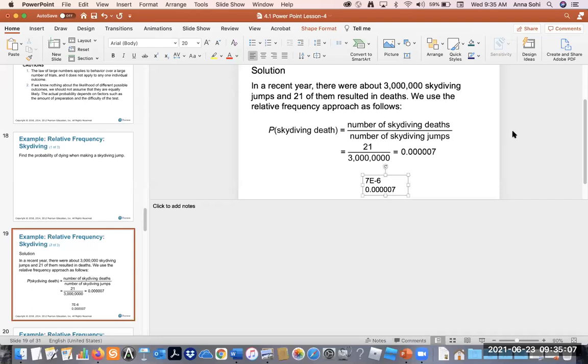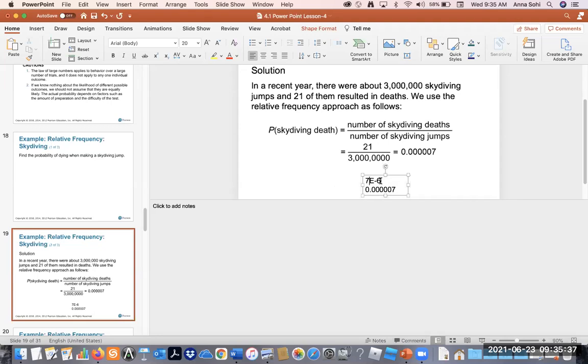So when you say 7e negative 6, it's just basically you're going back 6 spots. Exactly. You would say 5 spots of 0 and then 7. So that's exactly what it means to be e to power negative 6. It means 5 zeros before 7.